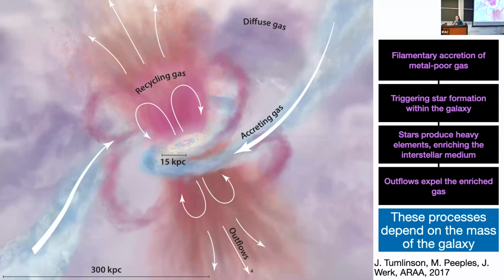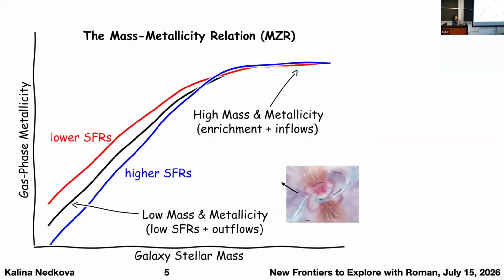So we might expect that more massive galaxies are more metal-rich. And in fact, yes. This results in what is known as the mass-metallicity relation. Galaxies that are very massive tend to be more metal-rich, and vice versa for the low-mass galaxies. And this is a result of the baryon cycle.